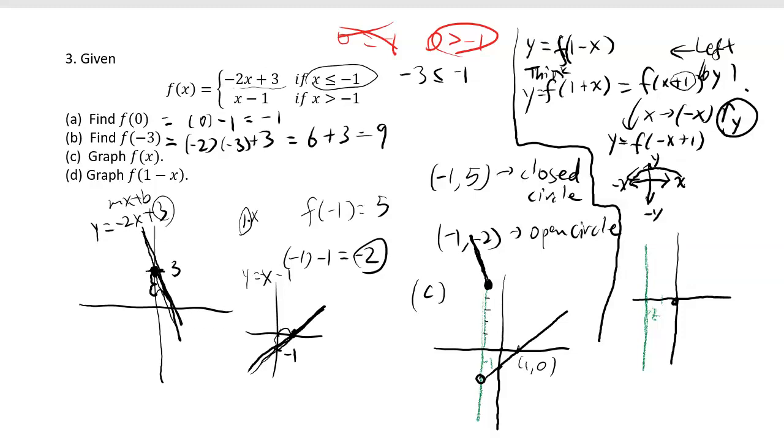And this point here, open circle, was at negative 1, negative 2, and now that's going to be at negative 2, negative 2. So there's an open circle at negative 2, negative 2, and it passes through the origin, and that's the graph you get. And that negative 1, 5 will be shifted to negative 2, 5. So this is 5, negative 2, this is negative 2, negative 2, 5, and there's this line. So that's the graph of y equals to f of x plus 1.